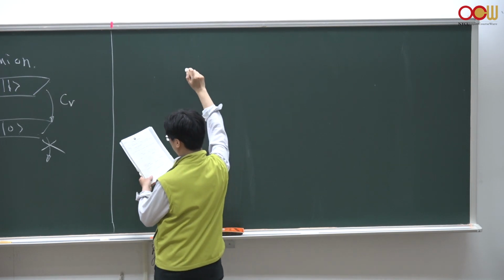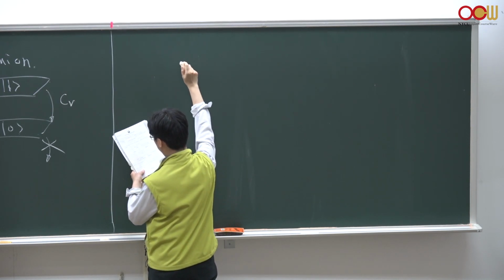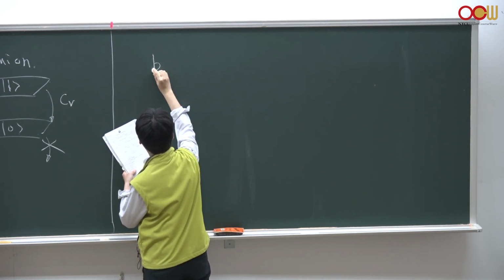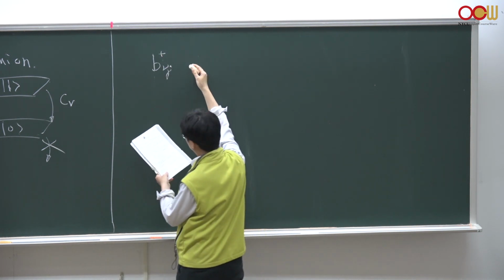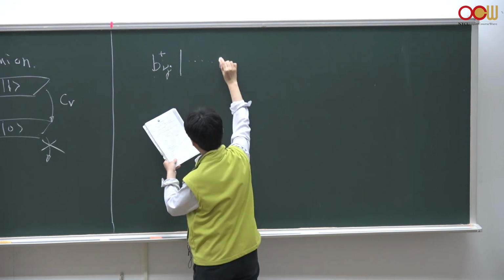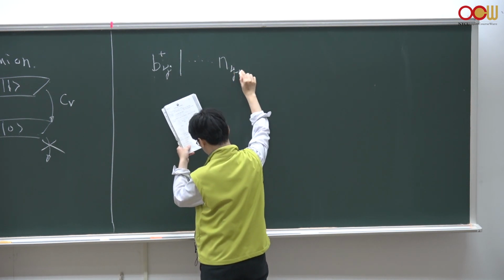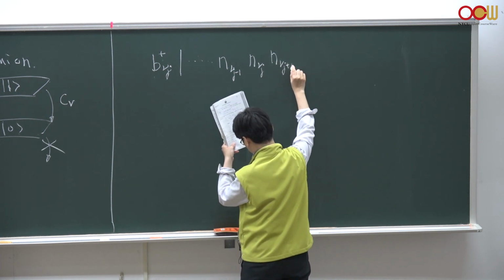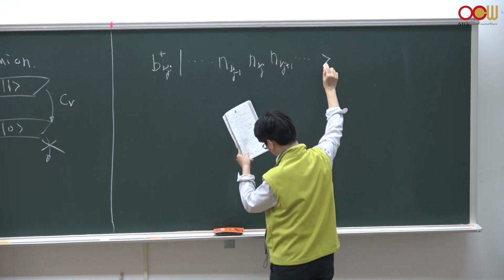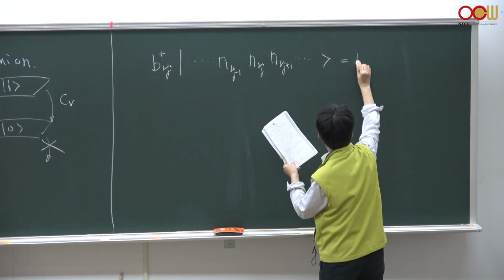Let's introduce the bosonic operators. The creation operator b dagger nu j acts on the many-body wave function, where we have different occupations in different single-particle states.